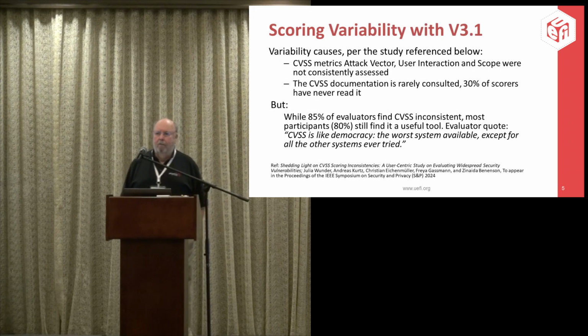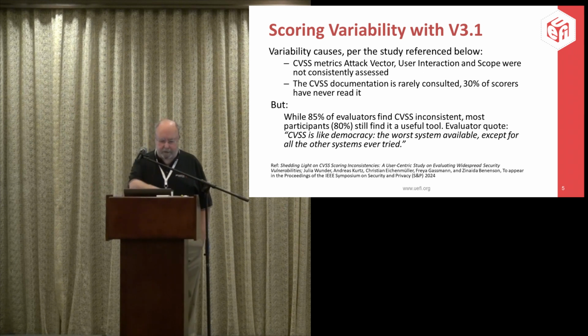Okay, with 3.1, there's been a lot of feedback over the years that really a lot of these versions, including 3.1, the scores were very variable. You give the same description of a bug to 2 or 3 different people and you get 2 or 3 different scores, which seems intuitively wrong.